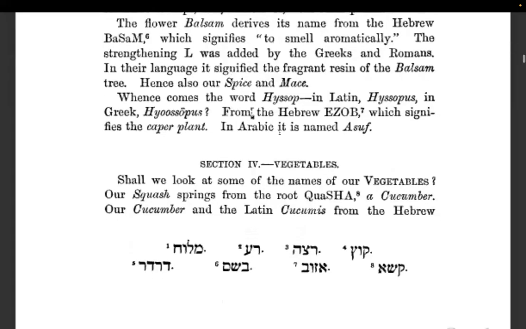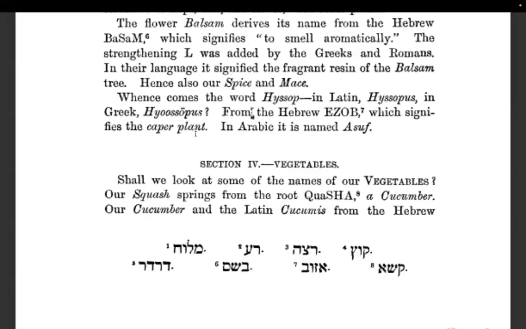Whence comes the word hyssop, in Latin hyssopus, in Greek hyssopos, from the Hebrew izob, which is aleph, zion, wa, bait, all right, which signifies the caper plant.